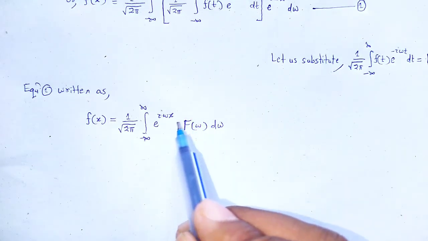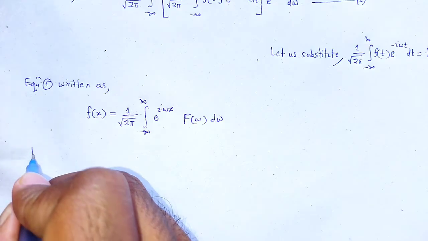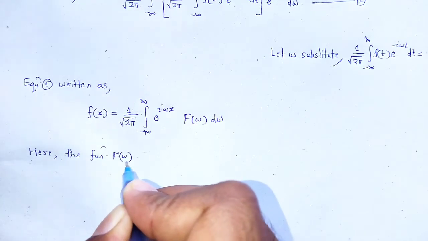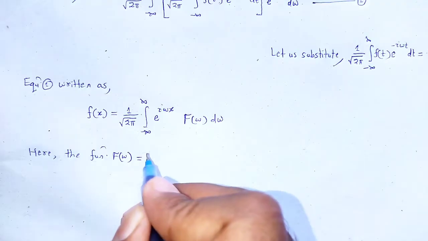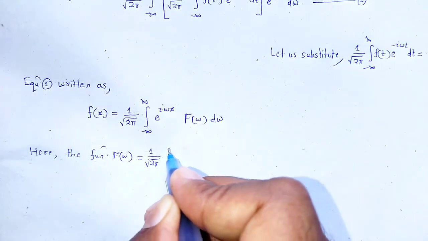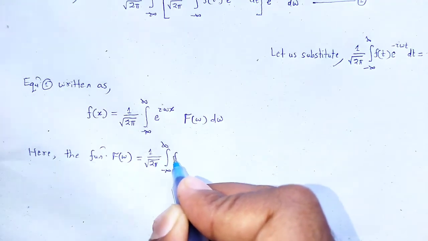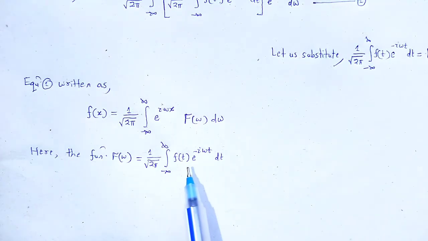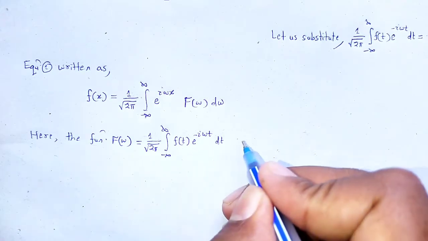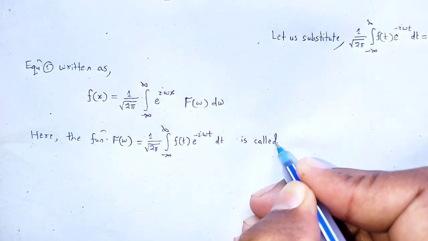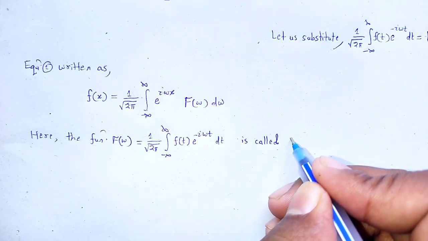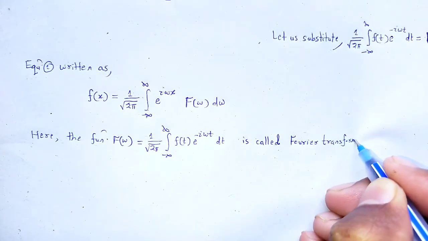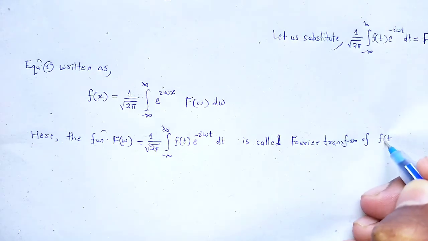Here the function F of omega, that is equal to 1 by under root 2 pi integration over minus infinity to plus infinity f of t e to the power minus i omega t dt, is called the Fourier transform of the function f of t.